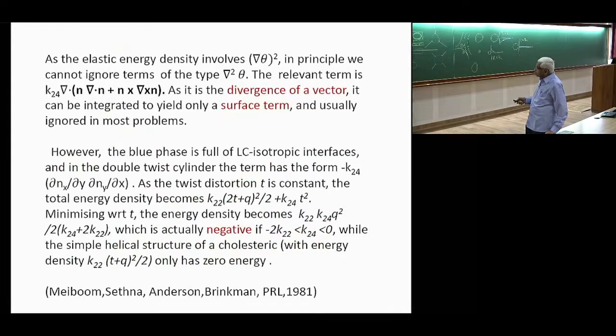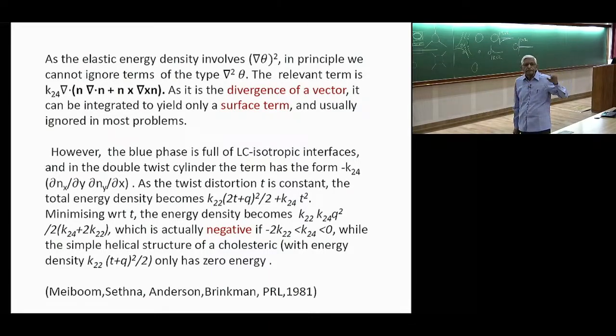The relevant term is a divergence of these two things which went into the flexoelectric. N divergence of n is a vector, n cross curl n is also a vector. So it is the divergence of this term. Since this is a divergence of some polar vector, it's a surface term, and usually you can ignore it in most problems.